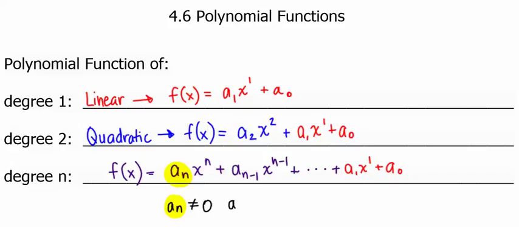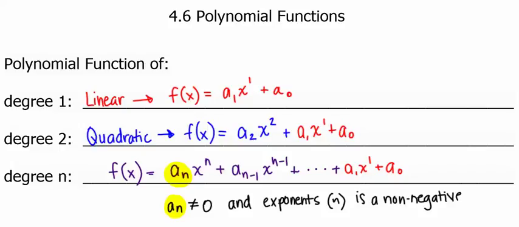And our exponents, which we called n, is a non-negative integer. So we cannot have any fractional exponents. So all exponents are non-negative integers.